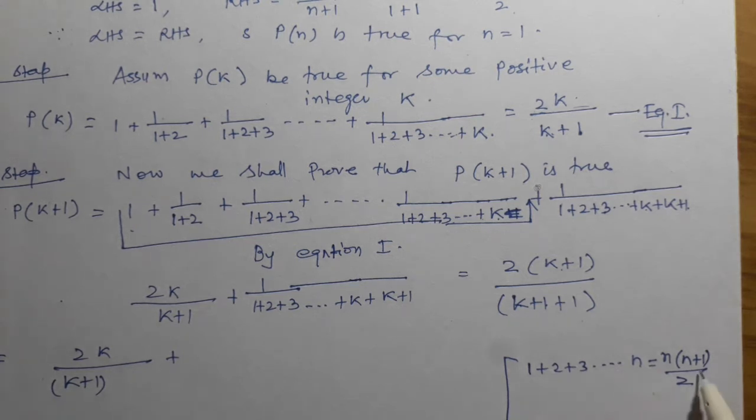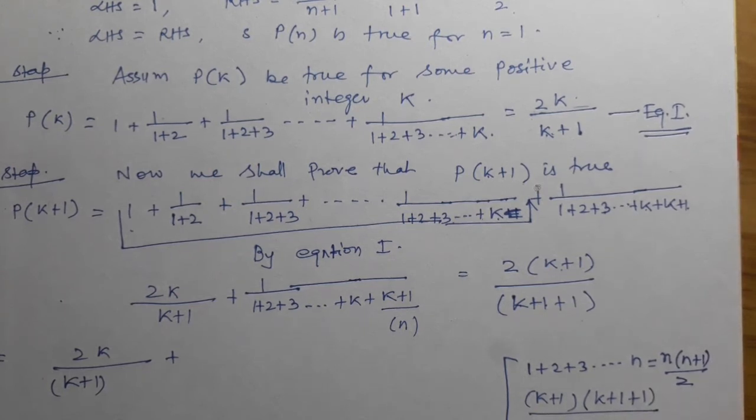So according to this it is 1 plus 2 plus 3 plus dot dot k plus 1. K plus 1 will be treated as n. So we shall write here n is k plus 1, and again n is k plus 1, and by 2 from the formula.